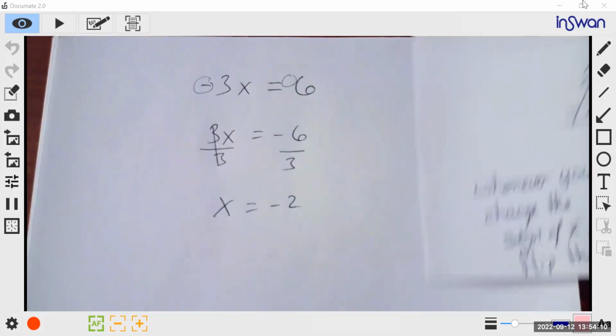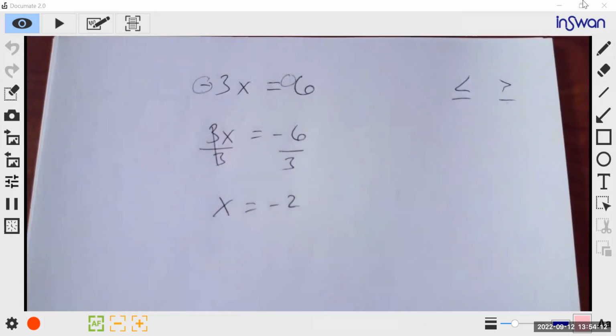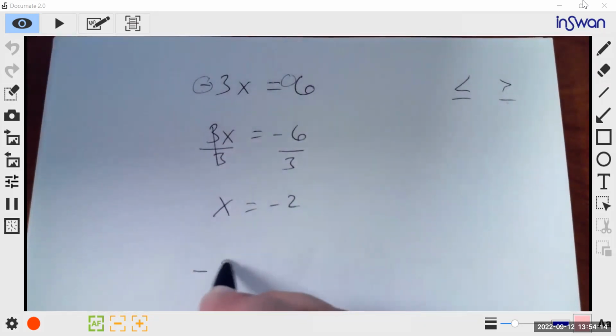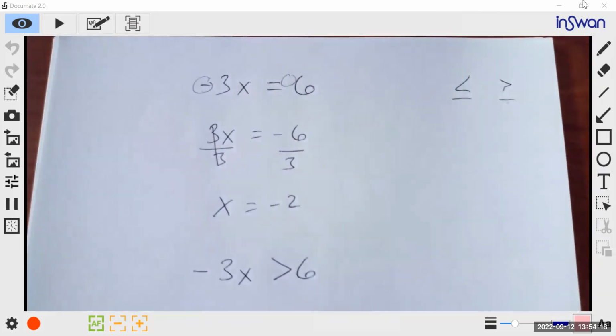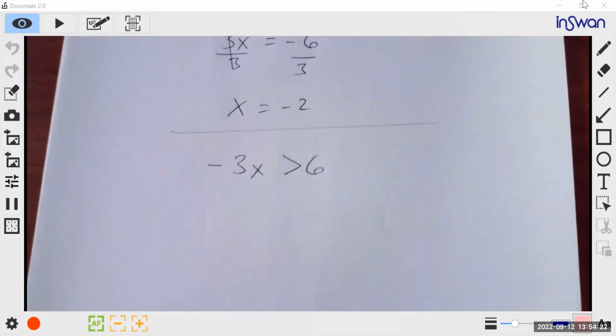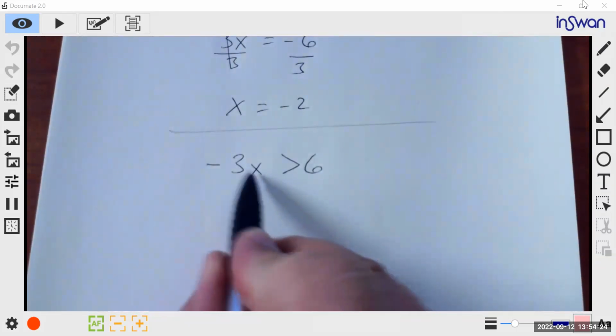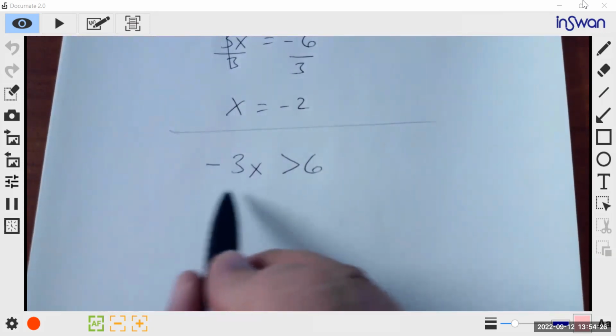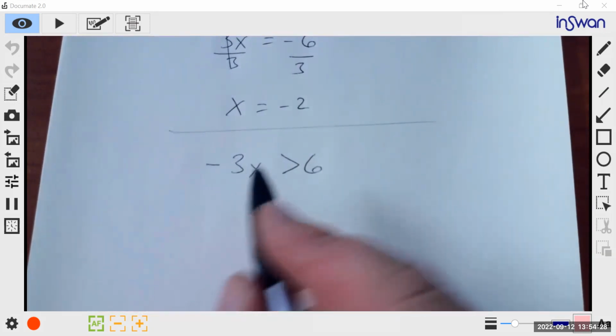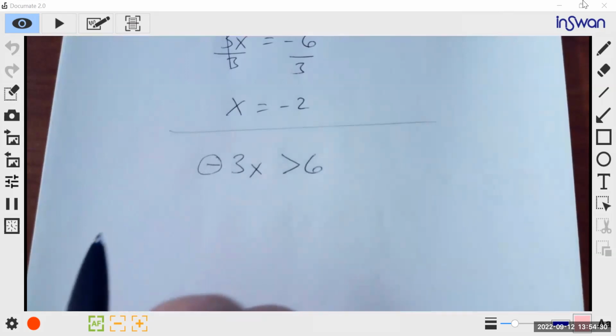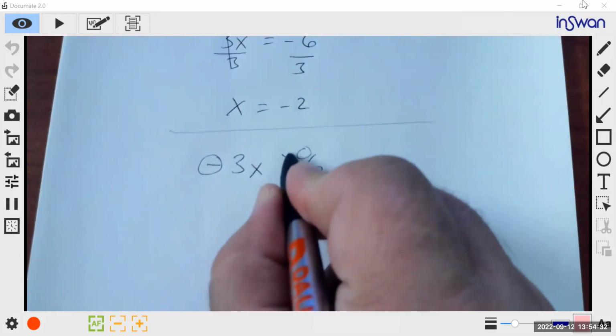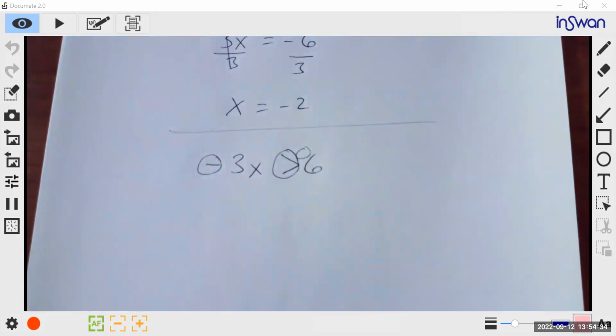So in our example, we had -3x is greater than 6. Notice there's no more plus or minus here. Whenever x is by itself, and so when you change the signs of the numbers, you have to flip the inequality also. You have to negate everything, make them opposites.